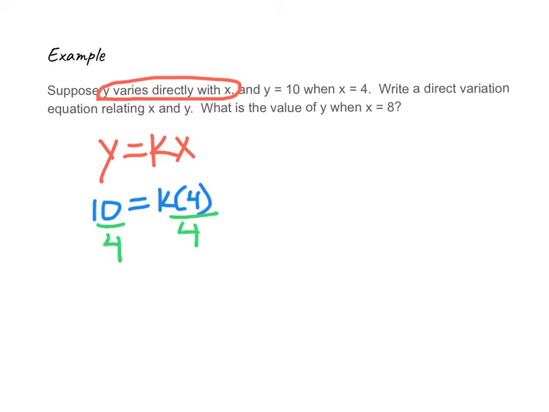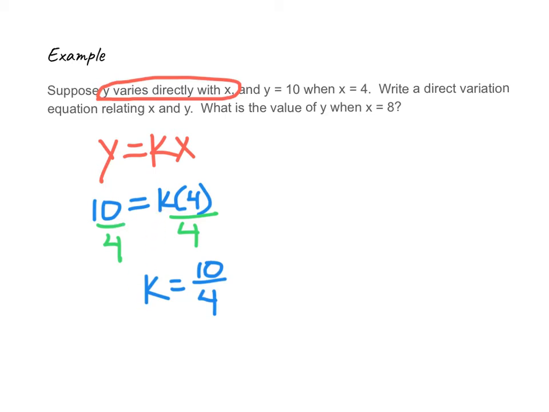So now what we know is that our k, our constant rate of change, equals 10 divided by 4. Got that from right here. So using the direct variation equation, when y equals 10 and x equals 4, I was able to determine what k is.